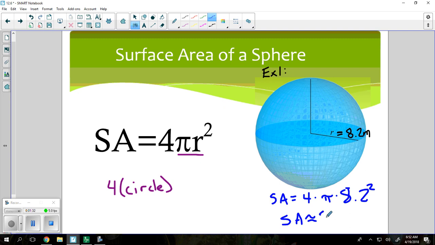And I will get 844.96. I'm going to bring that up to 845.0 meters squared. Again, since we're doing area, it was just units squared. So that's it for that one. If you know the radius, you simply plug in, and that'll give you your answer.